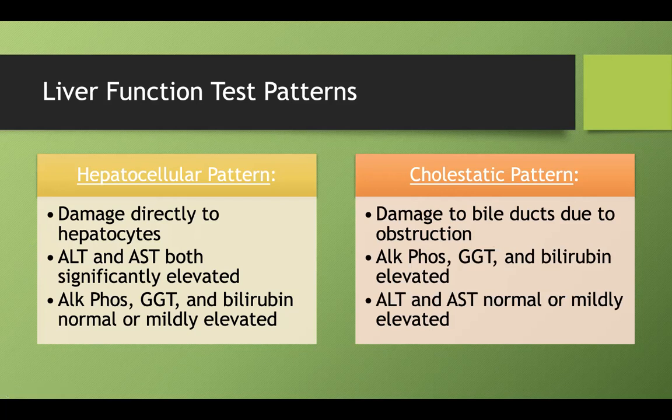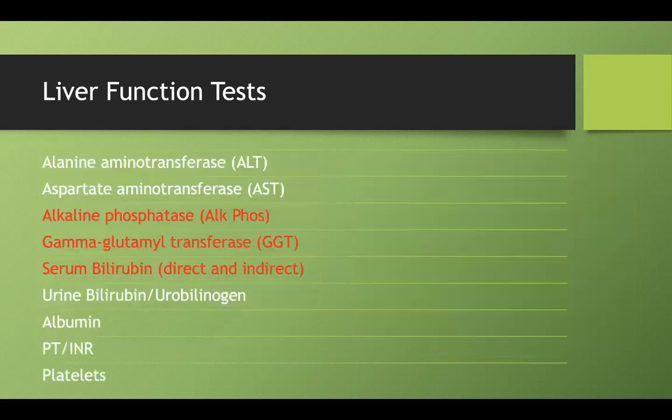On the other hand, because the damage really isn't directly related to the liver, the ALT and AST will either be normal or just a little bit elevated. So depending on whether the aminotransferases or the obstructive liver function tests are more elevated, it can give you an idea of where the damage might actually be arising from, the liver or the bile ducts.